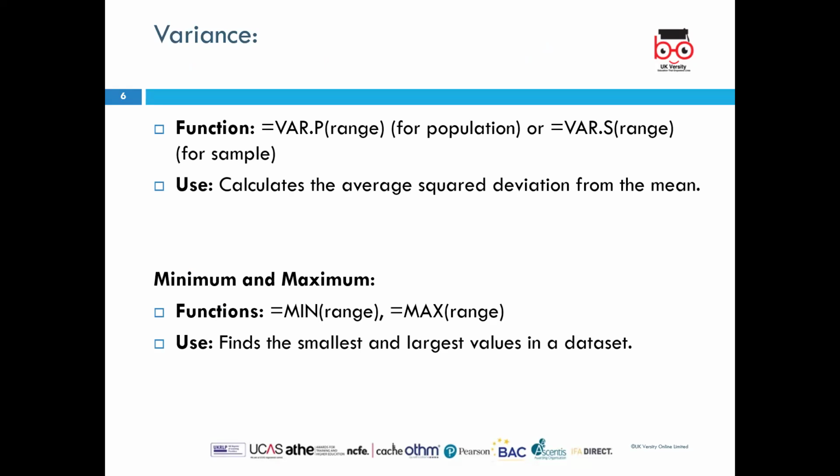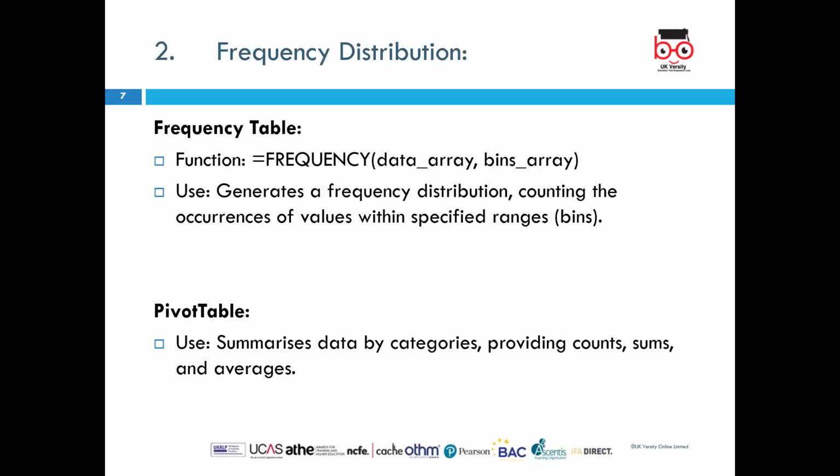Variance is used to calculate the average squared deviation from the mean. And minimum and maximum are used to find the smallest and largest value in the dataset.